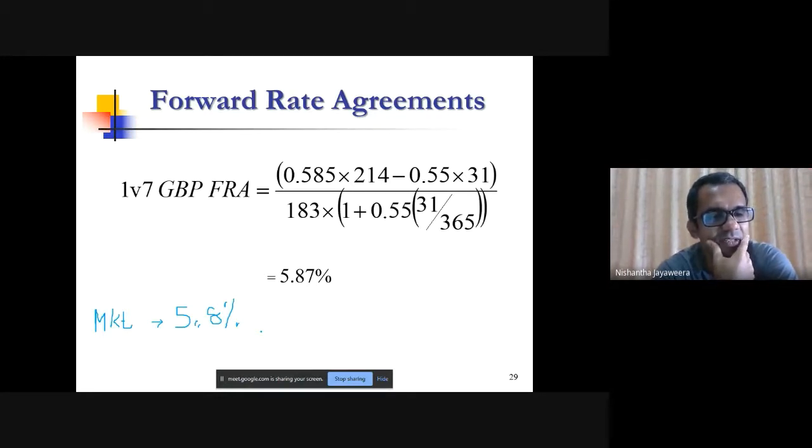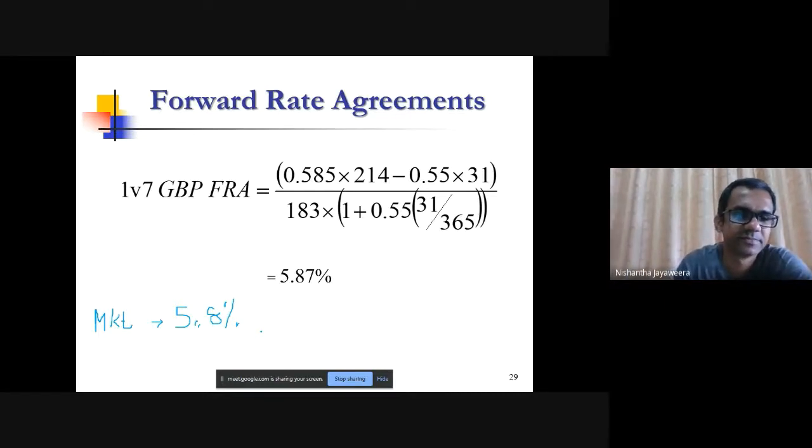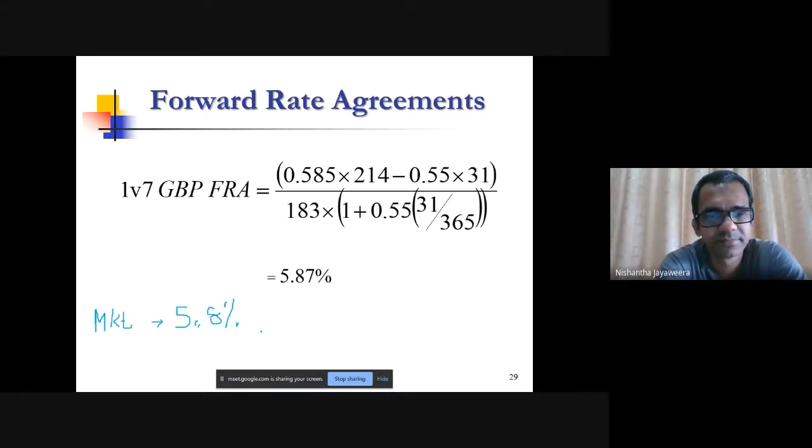Why do you say like that? Market fixed rate is 5.8. Is it correct?